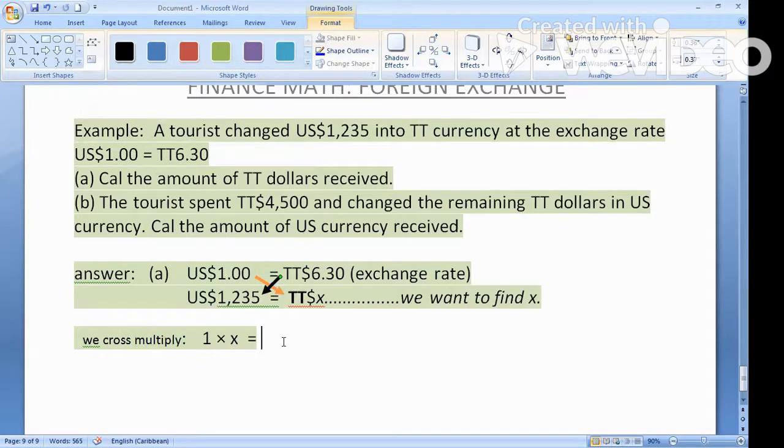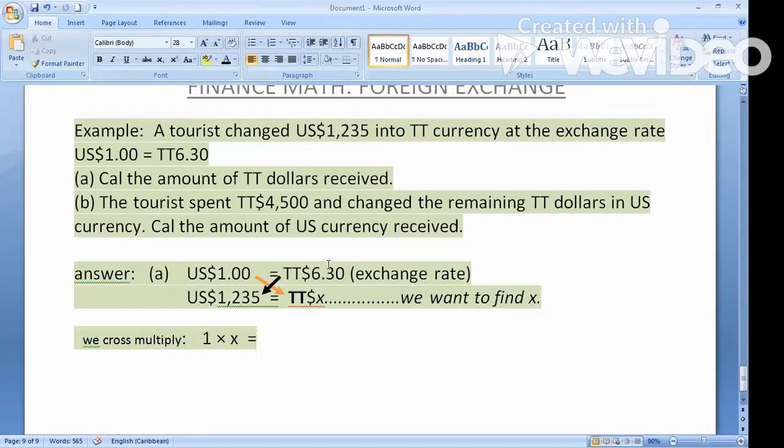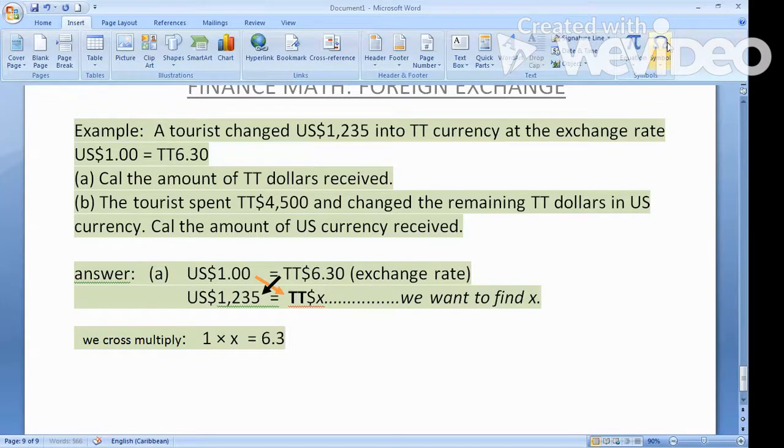The other part: 6.3, 7,007, multiplied by 1,200.